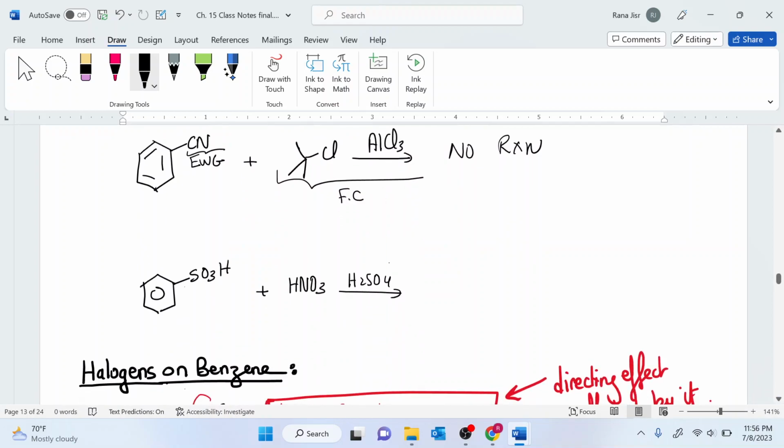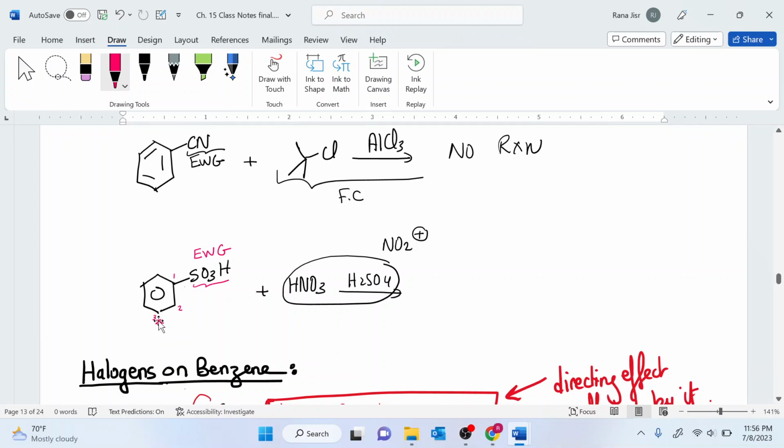With the nitration over here, I am forming the nitronium ion. So we want to introduce the nitronium ion. Look at the identity of the group that is attached to the benzene. This one is an electron withdrawing group. Electron withdrawing groups do direct the meta position. And the meta position, again, is the position on the third carbon of the substituent.